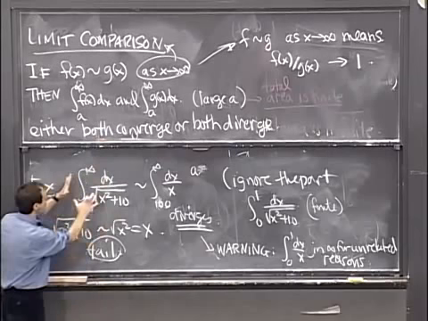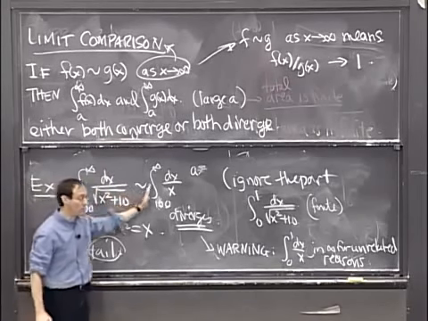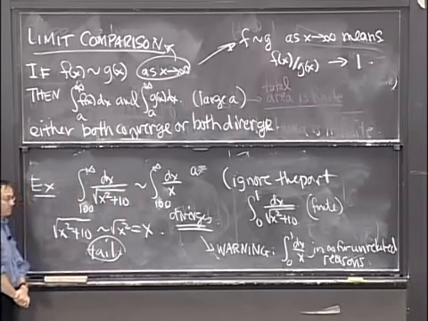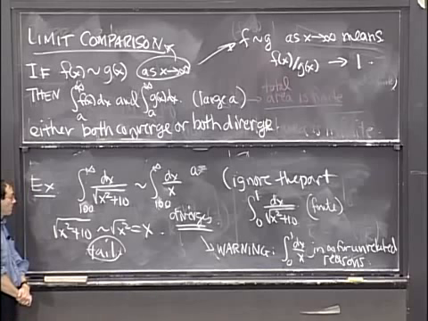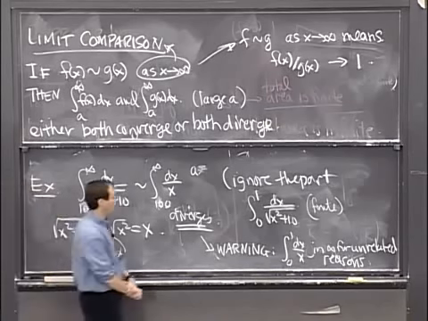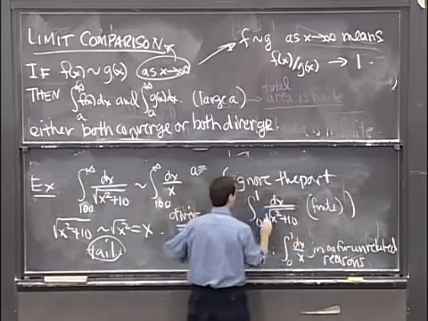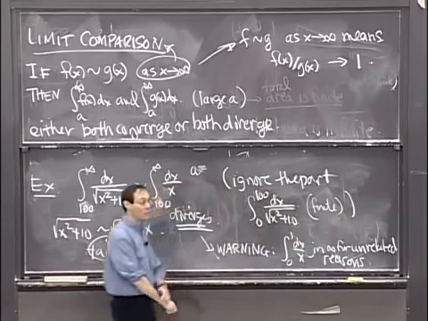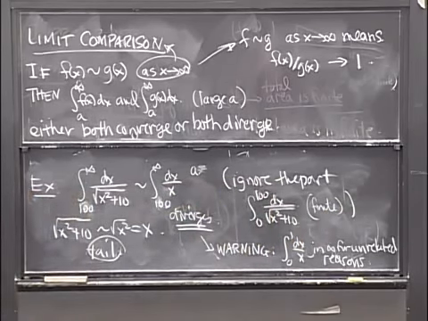And we try not to pay attention to what's happening for small values of x. So to be consistent, if I'm going to do it up to 100, I'm ignoring what's happening up to the first 100 values. All right, in any case, this guy diverged.